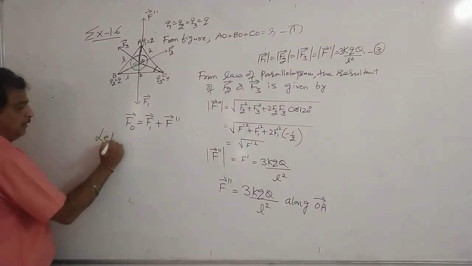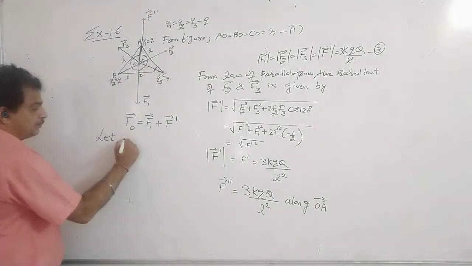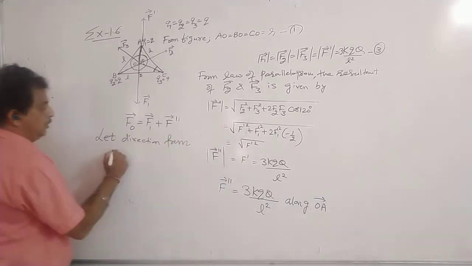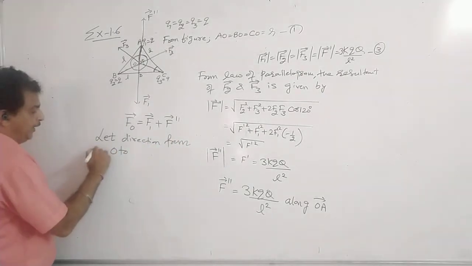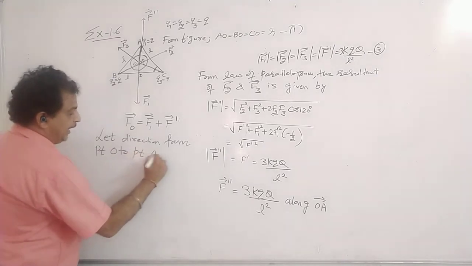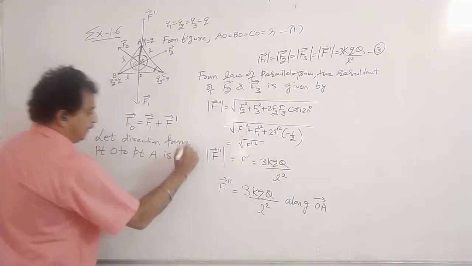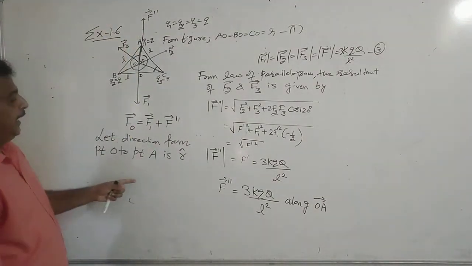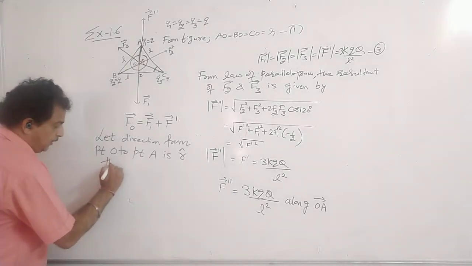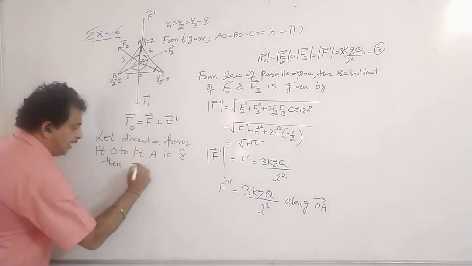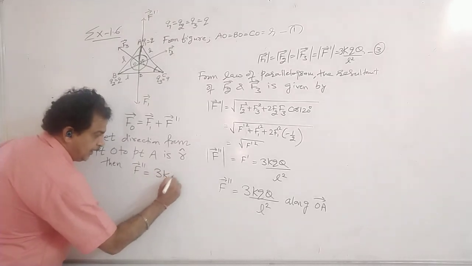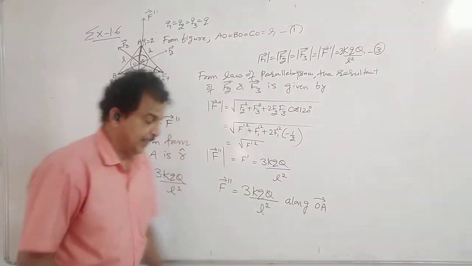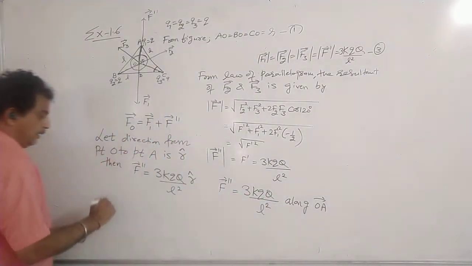Let the direction from O to point A be r cap. Then F double dash is equal to 3qq upon L square, and the direction is from O to A. So this can be written as r cap.